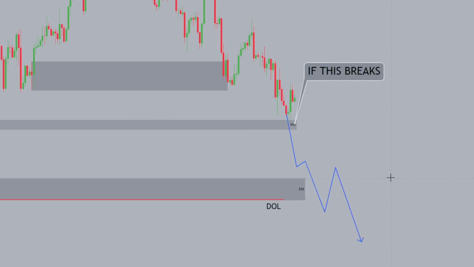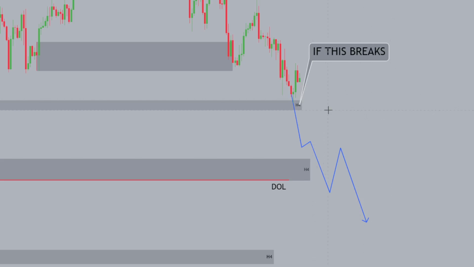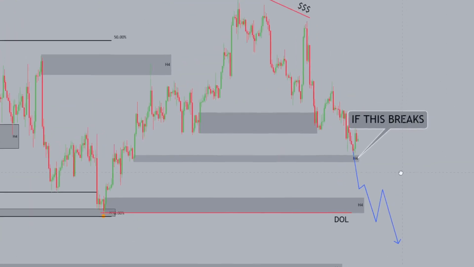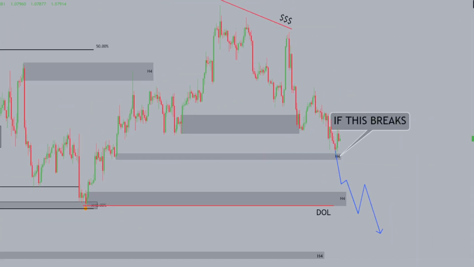So if we trade below the price point of 1.076, I do expect price to get down to 1.069, right? 1.069, 1.068, roundabout this level, right? So this is my outlook on the euro dollar going into next week.